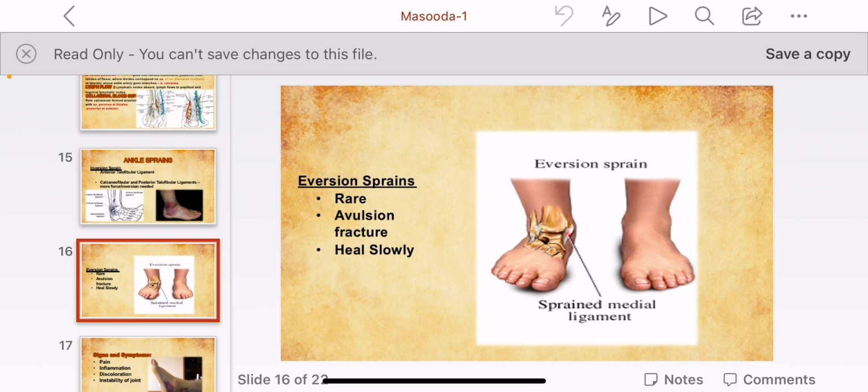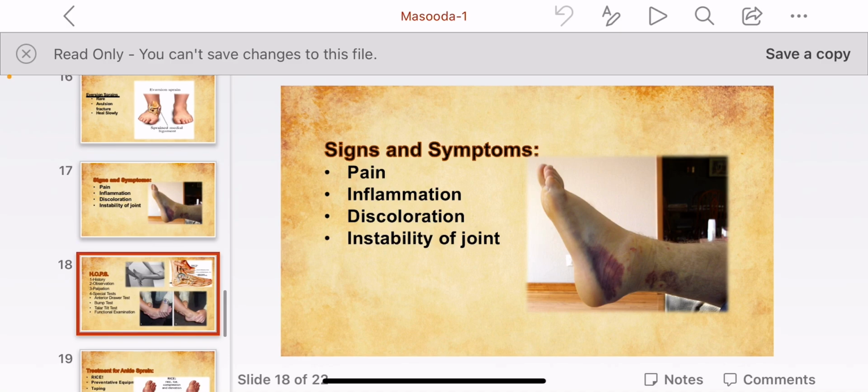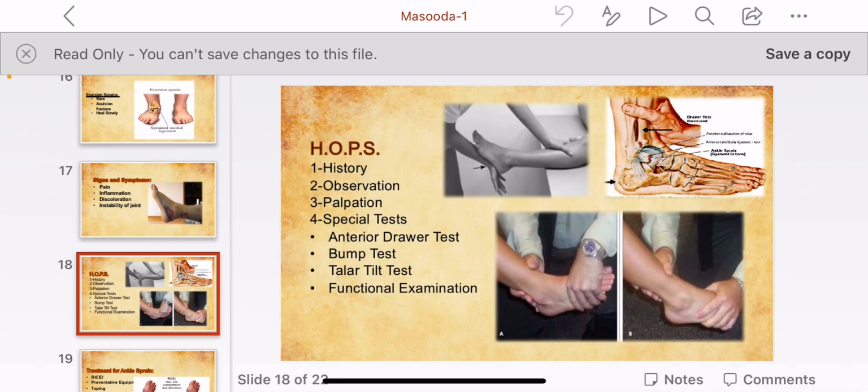Eversion sprains are rare, involve avulsion fracture, and heal slowly. The signs and symptoms: pain, inflammation, discoloration, instability of joint.